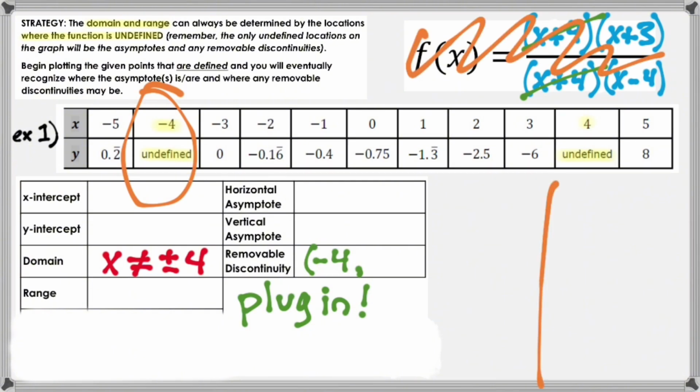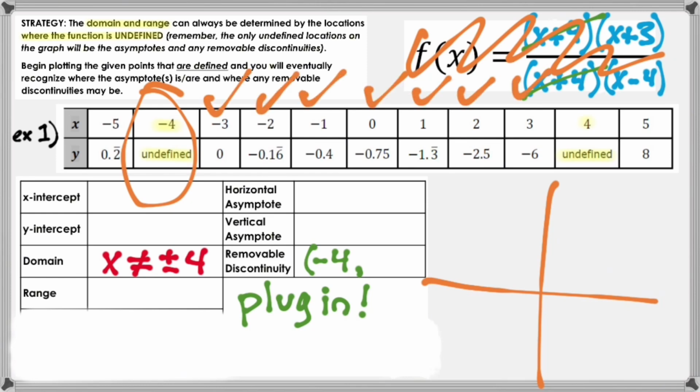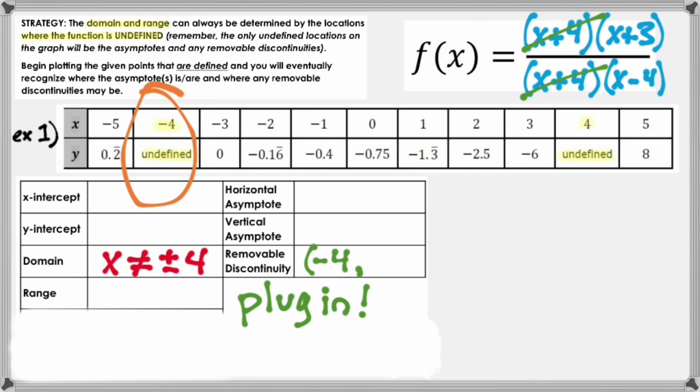And what you're going to want to do to figure that out is plot all of the points that are defined so that you can see where your points are going to go. And then you can more easily figure out which is the asymptote and which one is the removable discontinuity. So we'll just keep moving with this problem to review the other key ideas, and let's just move things along.